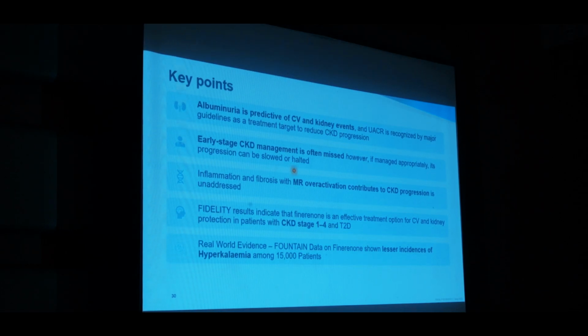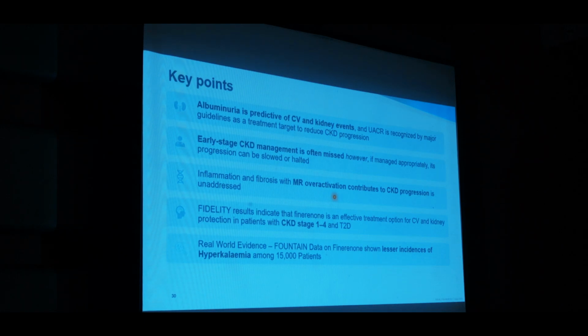The major key points of my talk were that albuminuria should always be recognized in a diabetic patient, and UACR is readily available. We should always be checking for kidney disease. Early stage kidney disease is often missed, but if you detect it early, you can actually halt or slow its progression. One contributor to kidney disease progression and fibrosis is mineralocorticoid receptor overactivation.